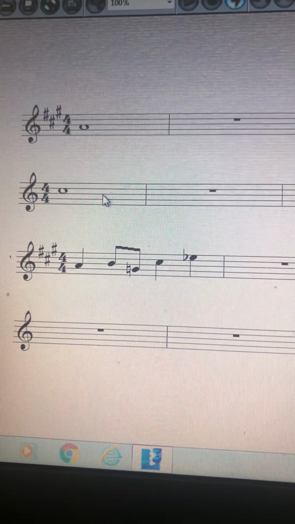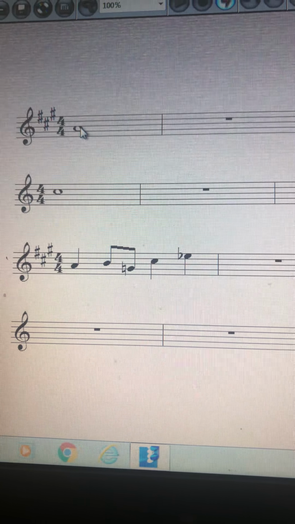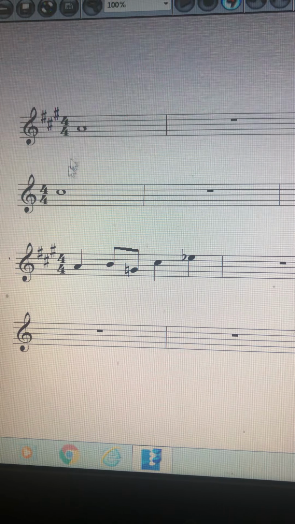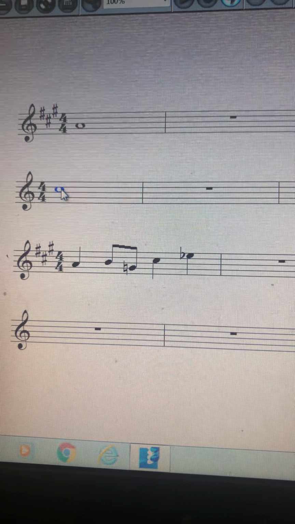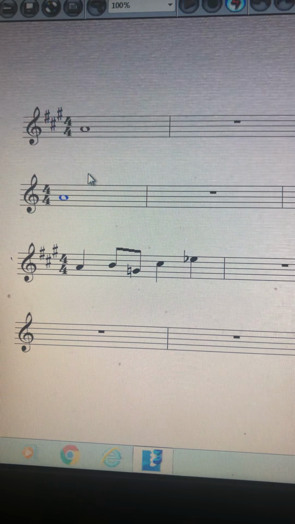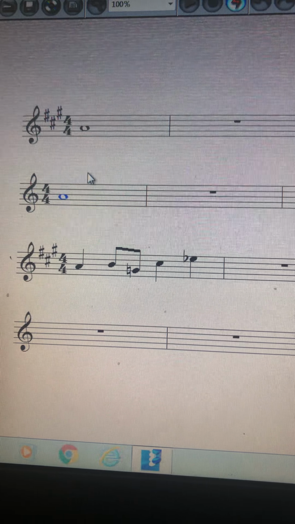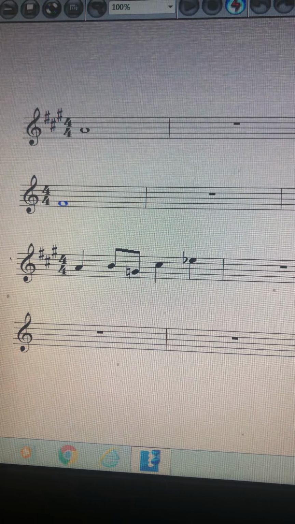Let's work at it another way. Let's say that we're in A major again, and now we want to go a minor third below. What would be a minor third below an A is in actual fact an F sharp.